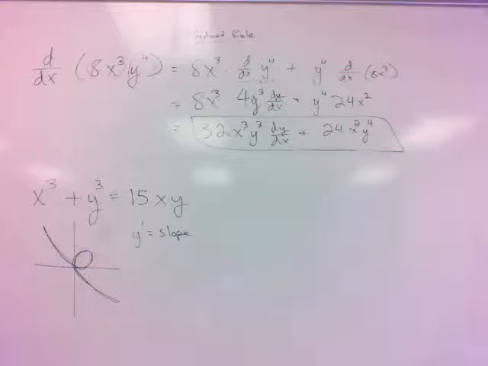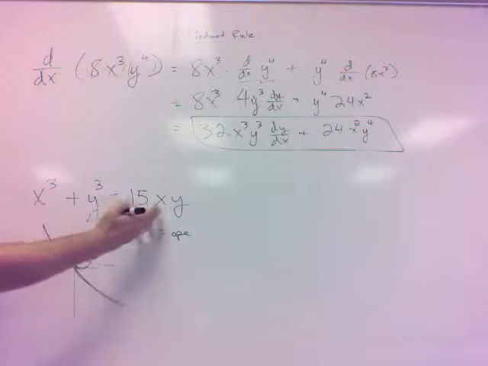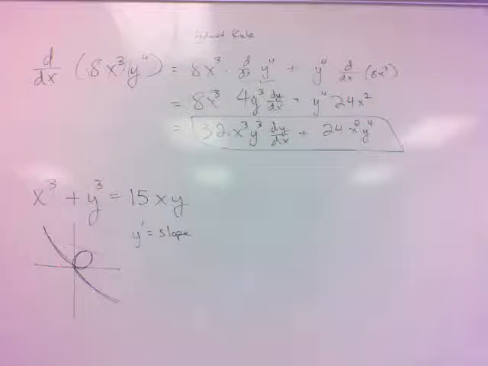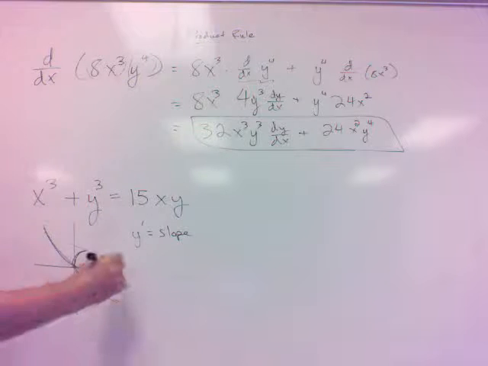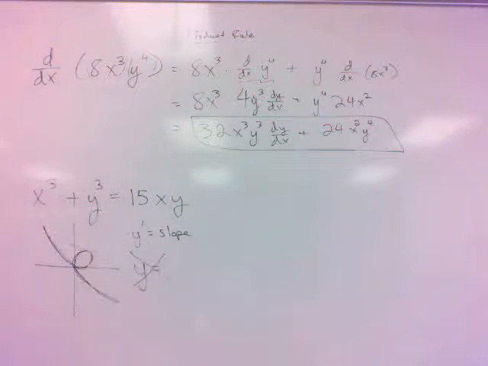I can't do it the way we were doing it, because how can I solve that for y? Not very easily. If it was just x cubed plus y cubed equals 15x, fine, but the y over here and the y over here kind of throws a wrench in the works. It's not going to be easy to get y equals like we were having before. In other words, we can't get it explicitly, y in terms of x.